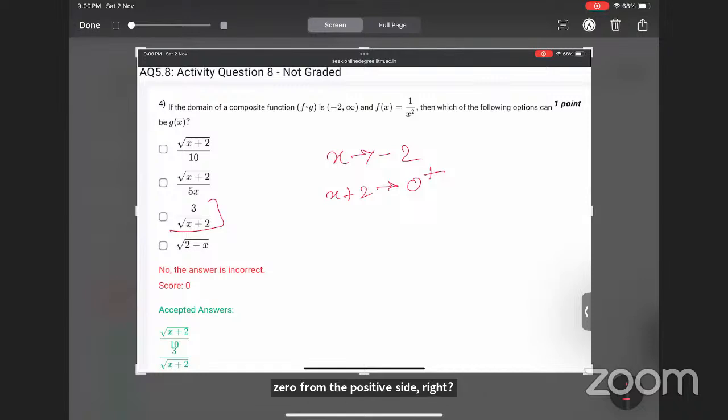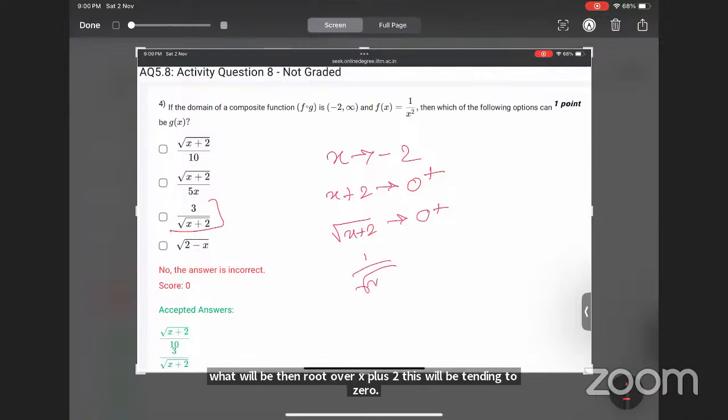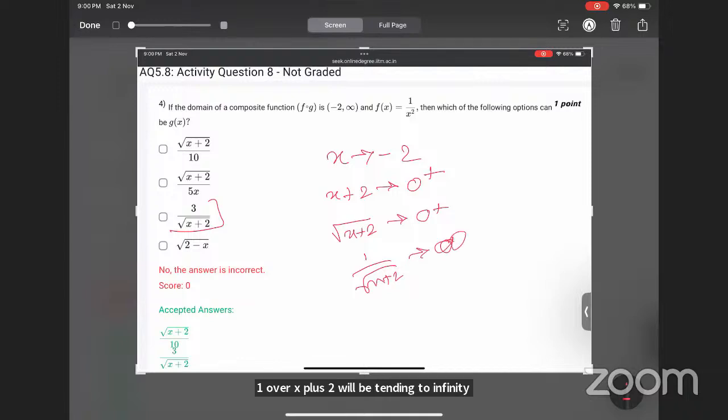So root over x plus 2 will be tending to 0, and 1 over root x plus 2 will be tending to infinity. If you multiply it with 3, it will again be tending to infinity, right? Yes, ma'am, got it.